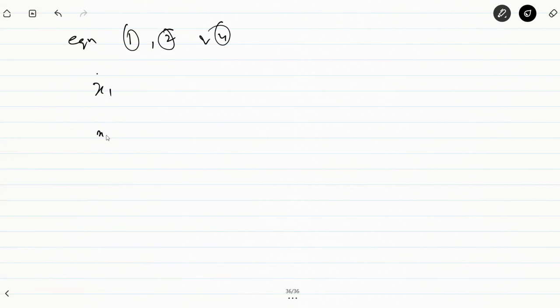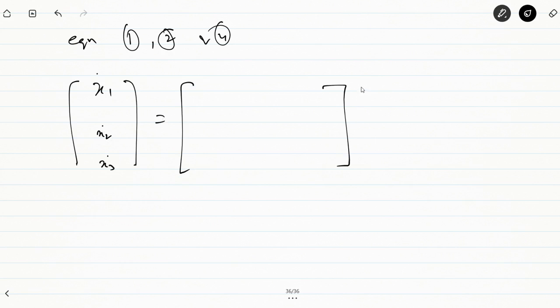X1 dot, X2 dot, X3 dot. We have now 3 state variables is equal to, so we'll be having the 3 cross 3 A matrix is equal to X1, X2, X3.